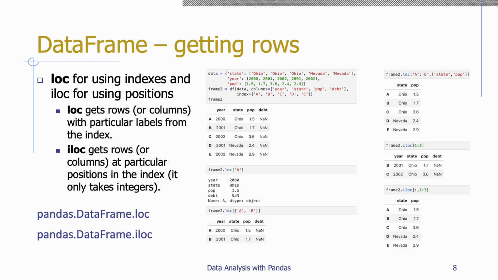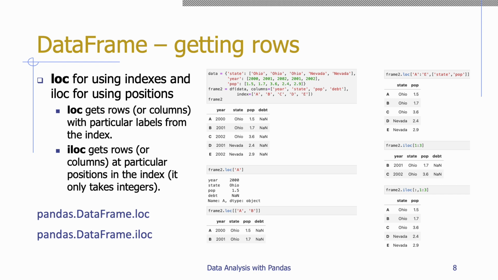So we have the same data and then it has the state, year, and pop columns, okay? And when we create the frame2 object, we also put a debt column, which is going to end up with None values in the output, as you see. So frame2.loc with A in square brackets is going to give us the row A, which is 2000, Ohio, 1.5, and None, okay?